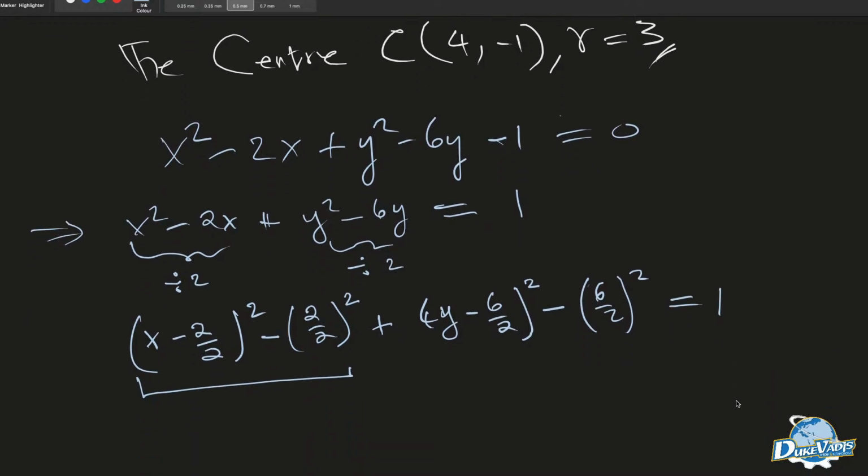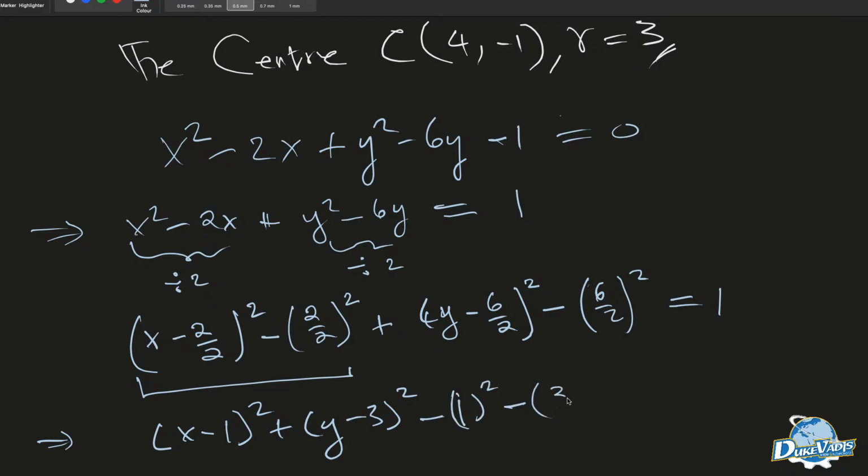So I'm going to jump a step. This is (x - 1)², and this is (y - 3)². Here minus 1 squared is 1, and minus 3 squared is 9.